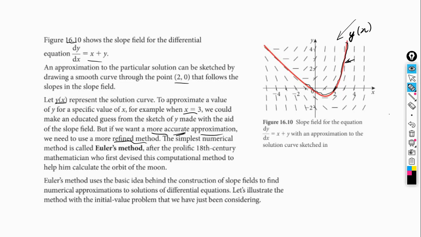The simplest numerical method is called Euler's method, after the prolific 18th century mathematician who first devised this computational method to help him calculate the orbit of the moon. Euler's method uses the basic idea behind the construction of slope fields to find numerical approximations to solutions of differential equations. Let's illustrate the method with the initial value problem that we have just been considering.